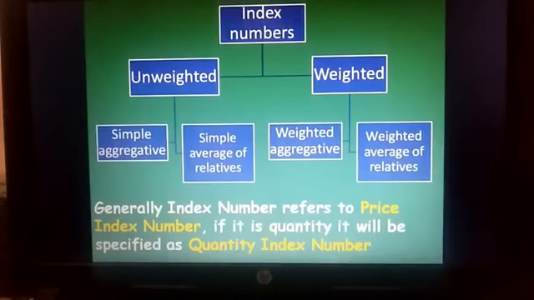If it is unweighted simple aggregative, what is the difference; if it is simple average of relatives, what is the major difference. All those ways, the criticism of your understanding, you by yourself may have to do, and cross-check your understanding by yourself by applying twists in between. Try to tell to your own self, then only it can be understood very well.